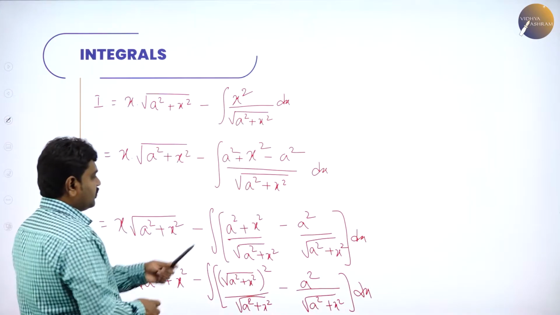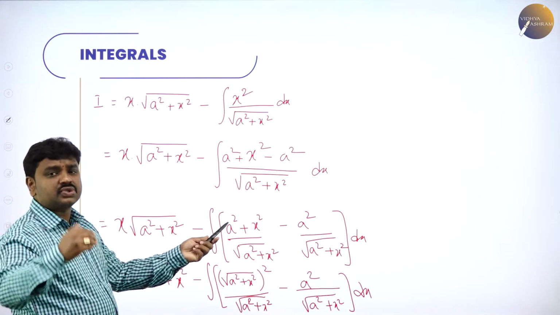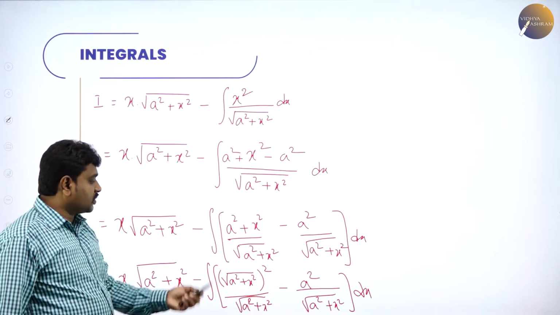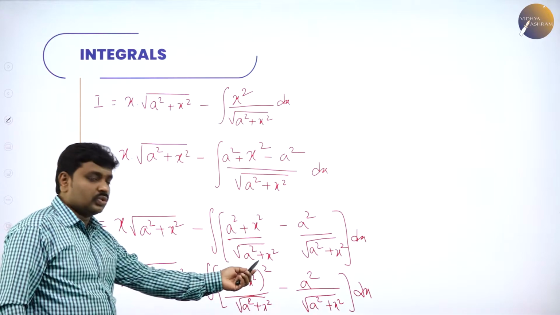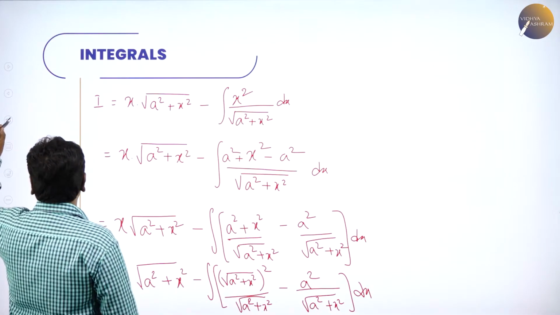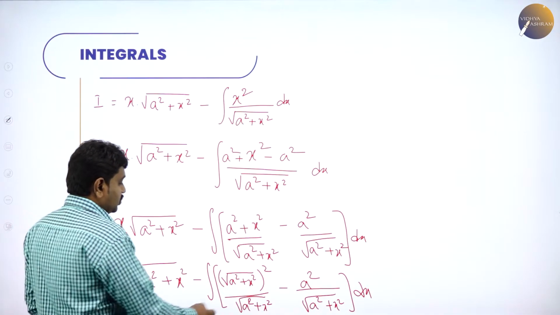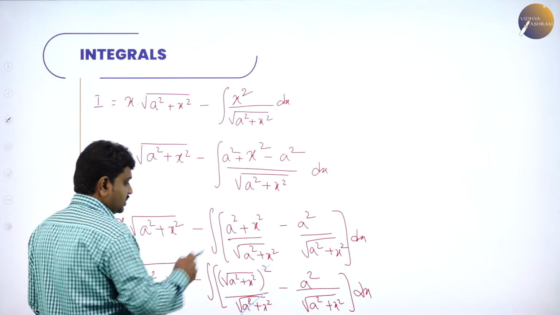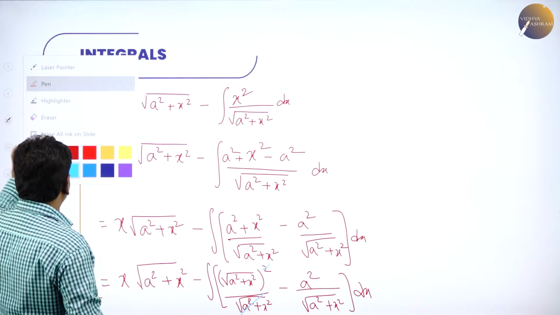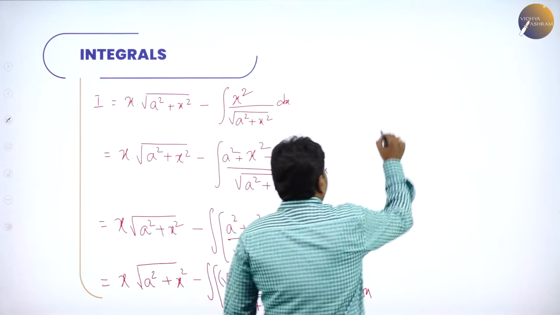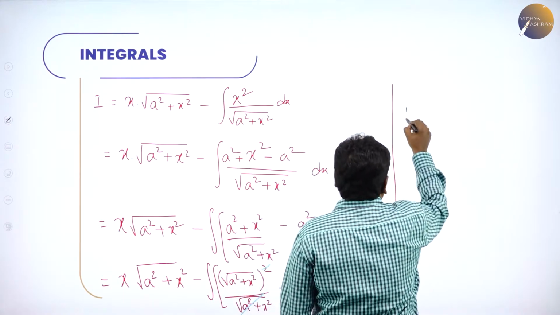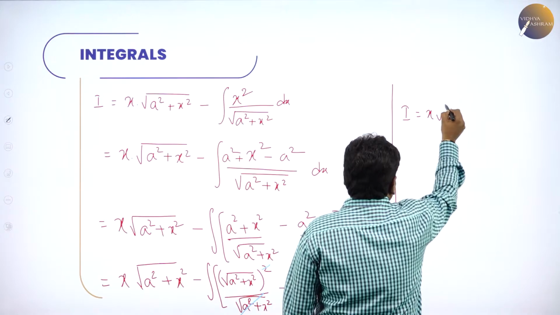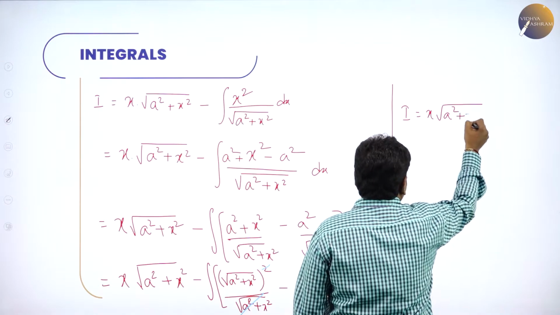Now see this, I wrote a square plus x square as root of a square plus x square whole square. So now denominator and numerator you can see, this term and this I can cancel. So write the left out term. What is left out? We'll write this. We have I is equal to x into root of a square plus x square.